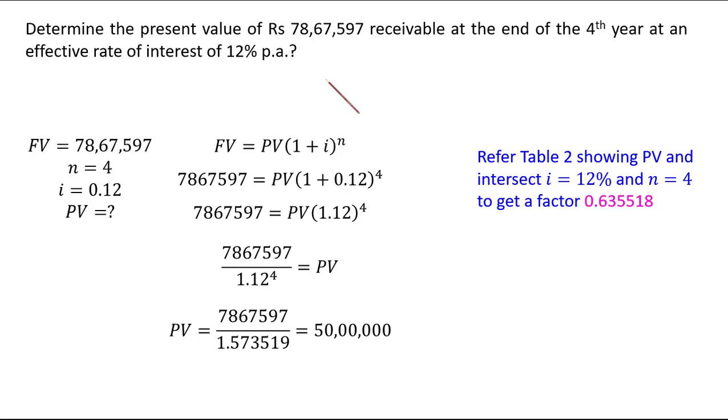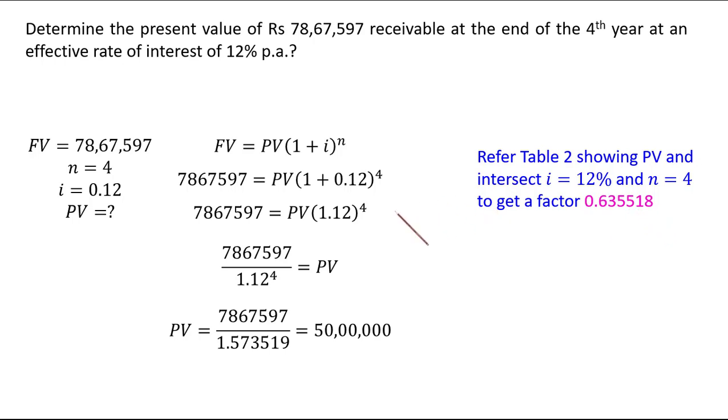But there is another way. Suppose if you want to find the same answer using the table, number 2 is useful to determine the present value. And if you intersect 12%, which is mentioned over here, and 4 years, so n is equal to 4, you'll get a factor of 0.635518.